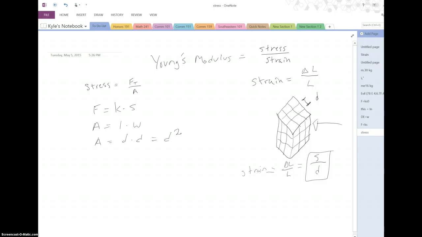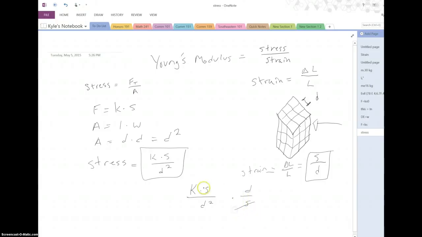Okay, so now we can rewrite stress as k times s over d squared. Alright, so now put Young's modulus back. We're going to do stress over strain, so we have k times s over d squared divided by strain, or multiplied by the reciprocal, times d over s.